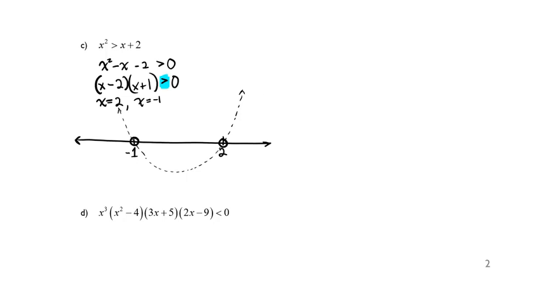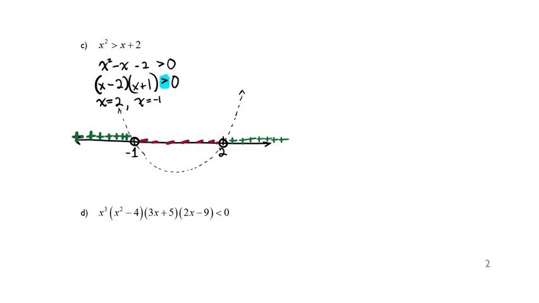This shows me that to the left of negative 1, my values will be positive, all the way up to negative 1. From negative 1 to 2, my parabola is below the x-axis, so those will be negative values. And to the right of 2, my parabola is above the x-axis, so we would say that the polynomial is greater than 0.